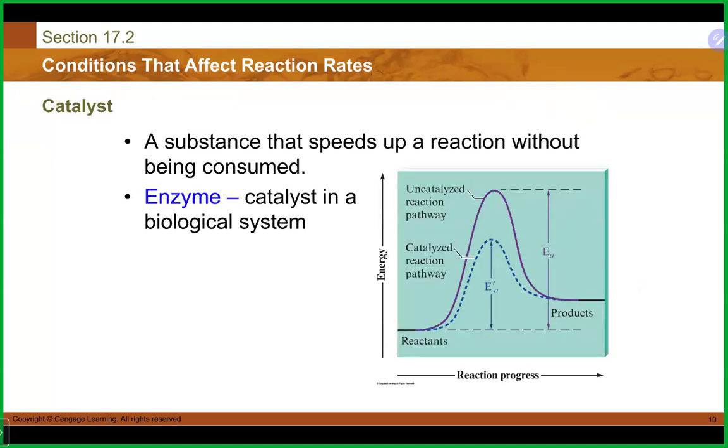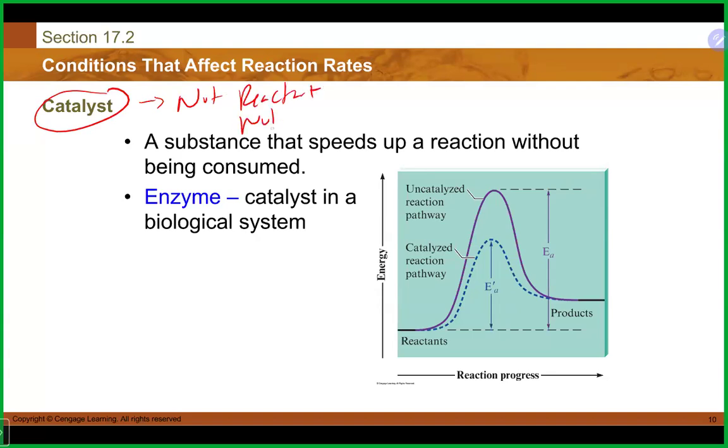Now, one of the ways that we talked about also in chapter 10, where we're talking about energy and these energy diagrams, one of the ways that we can very easily, a lot of times, increase the speed of a reaction or the rate of a reaction is to use a catalyst. And a catalyst is, again, not a reactant.